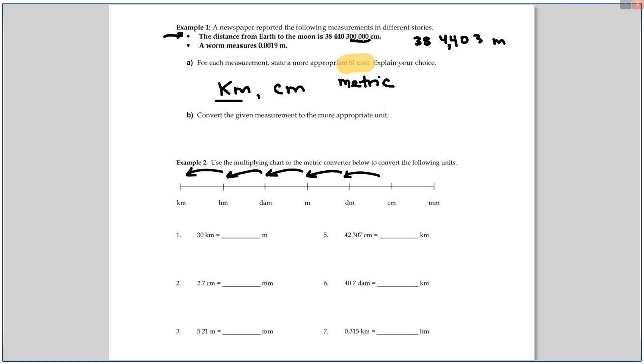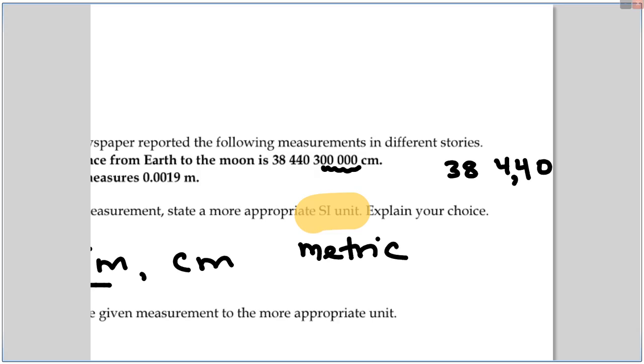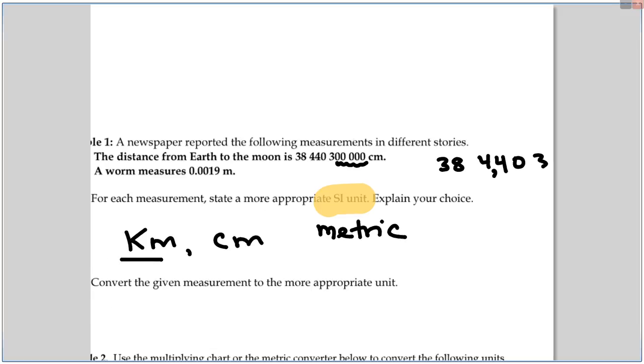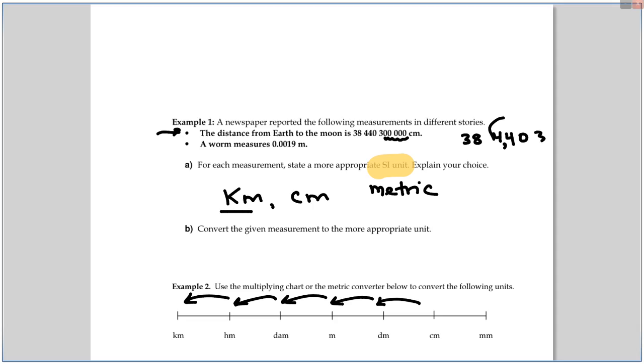So you got to see in here the 5 decimal moves. 1, 2, 3, 4, 5. So the decimal is right next to the 3. And then you can write the number and then split the number into groups of 3 so you can read it. 384,403. Okay, and the other one?